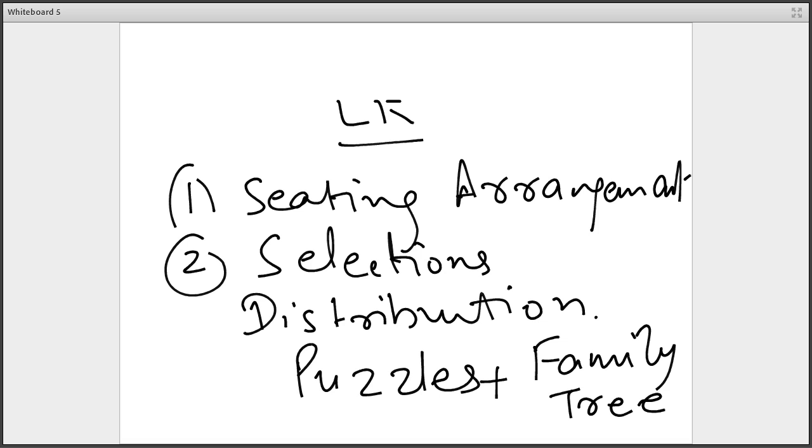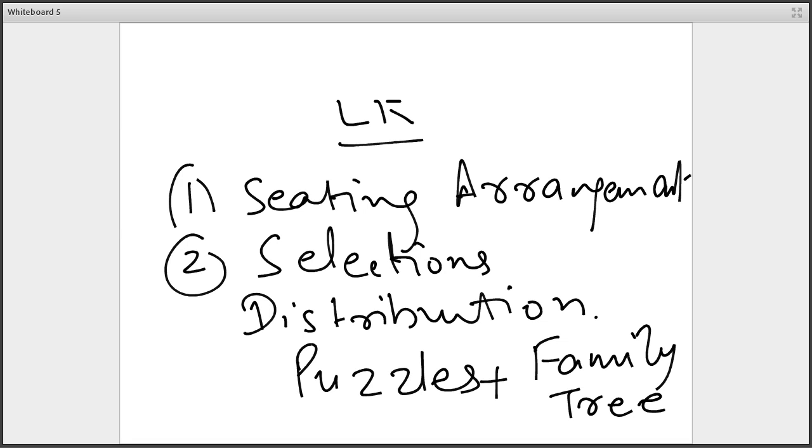That is where LR will be your one of the sections to maximize your score if you are decently strong with LR. In case you are not strong with LR, feel free to reach out to me and I would suggest you something to help you improve your LR. But do note that LR is one of the areas which can help you to maximize your score in IIFT exam.